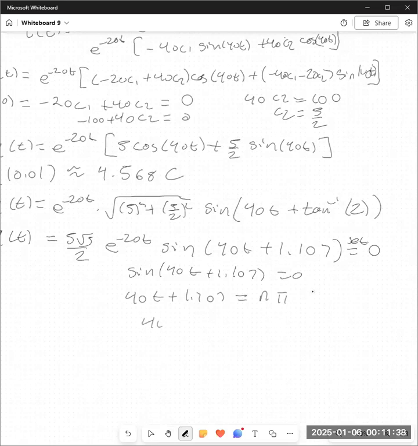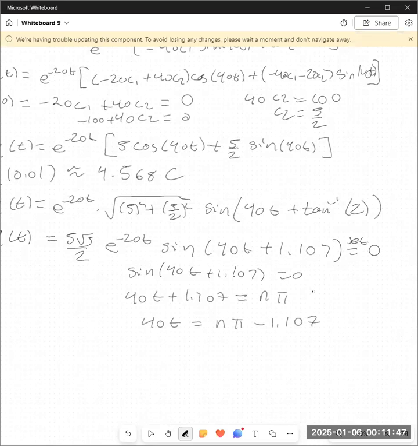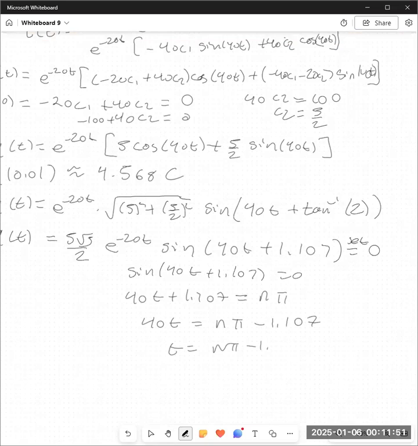So 40t is equal to n pi minus 1.107, and t is equal to n pi minus 1.107 over 40. Clearly, when n is 0, this is a negative time value that I don't want.